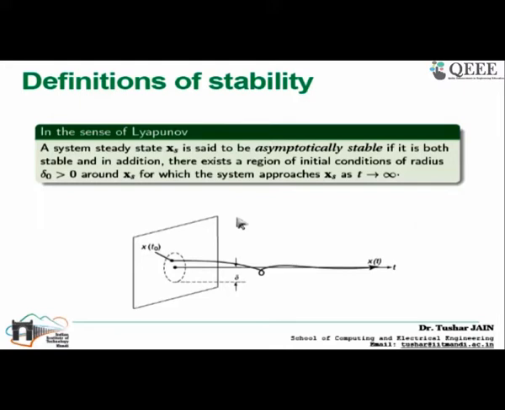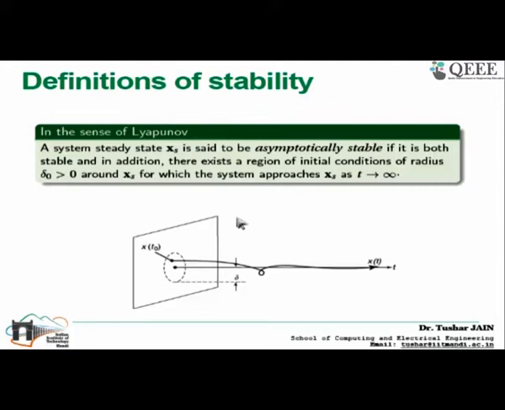It is also in the sense of Lyapunov, that a system steady state xs is said to be asymptotically stable if it is stable, as we have seen, and in addition there exists a region of initial conditions of radius delta naught, which is also a function of epsilon, around xs, for which the system approaches xs as t tends to infinity.